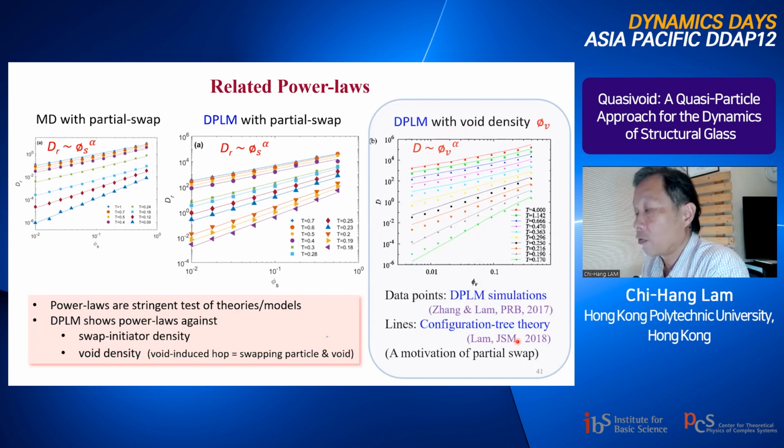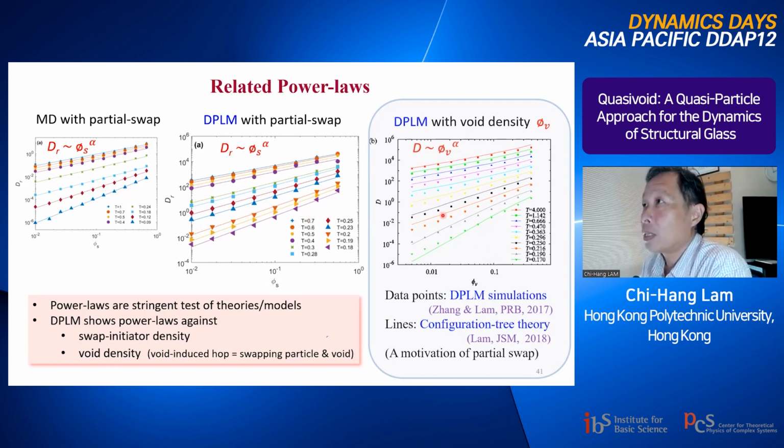The lines are from our analytical theory, which we call configuration tree theory, which is a two-parameter fit in this case for the whole data set. So the theory actually explains the power laws. And it is because of this power law that we were motivated to study the partial swap algorithm.